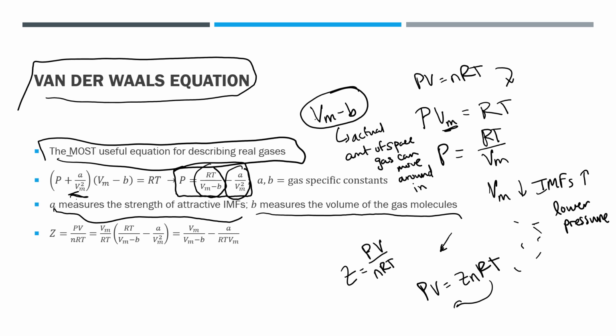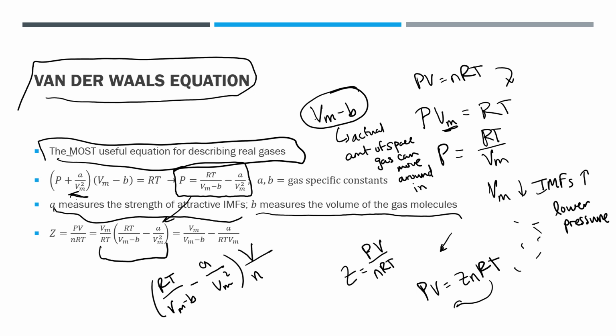Now I can plug in, right? We can then sub in the van der Waals expression for P. So we're taking this expression that we solved for pressure and subbing it into our PV over nRT. And this is what we get, right? Basically, I'm taking RT over V molar minus B, minus A over V molar squared, times V over nRT.